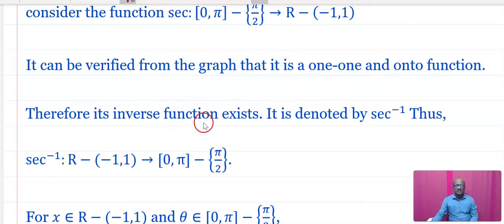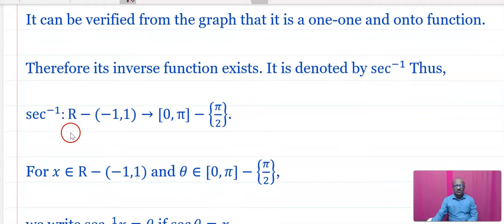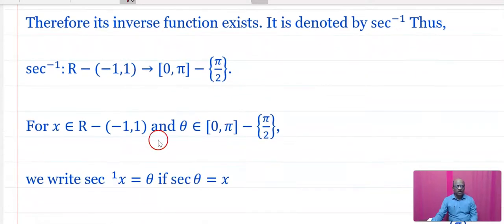Therefore, the inverse function exists and it is denoted by sec inverse, and thus sec inverse is defined from R minus the open interval minus 1 to plus 1 to 0 to pi minus pi by 2, for x belonging to R minus the open interval minus 1 to plus 1 and theta belonging to the closed interval 0 to pi minus pi by 2.